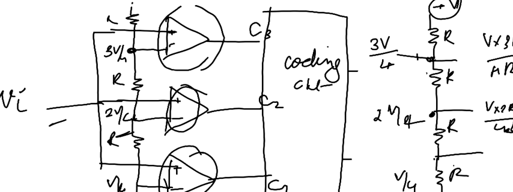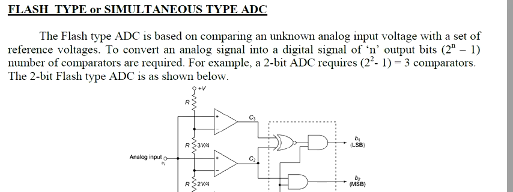Again, the last comparator gets Vi and V by 4. Then comparing, the comparison output is given to the coding circuit. This is the circuit diagram of a 2-bit flash type ADC, consisting of 3 comparators, 4 resistors and a coding circuit.